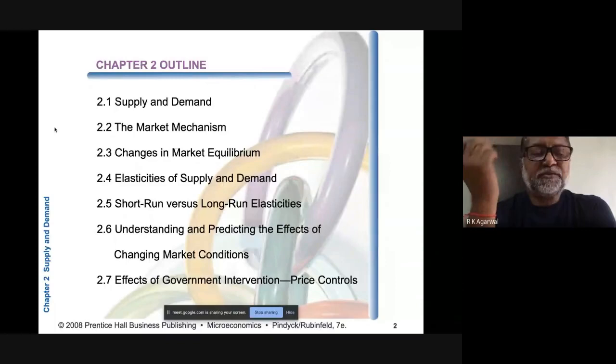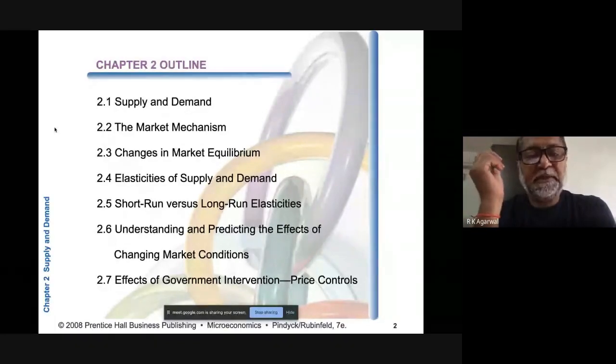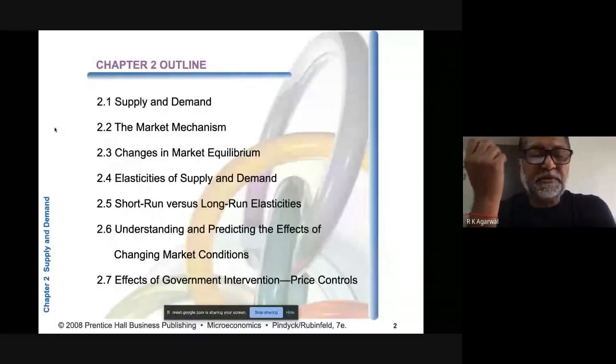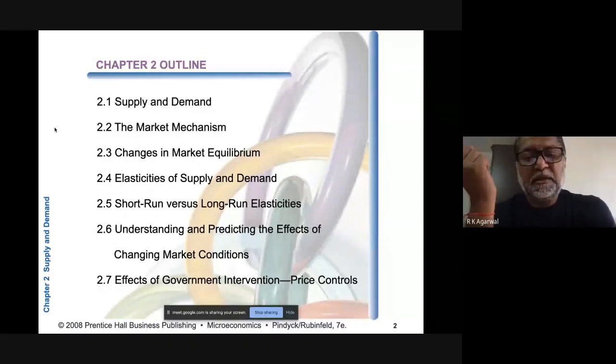Next, we'll discuss something which is very important, especially for students of business management, and that is called elasticities of supply and demand. Economists sometimes distinguish between short run and long run elasticities, and we will discuss those differences also.